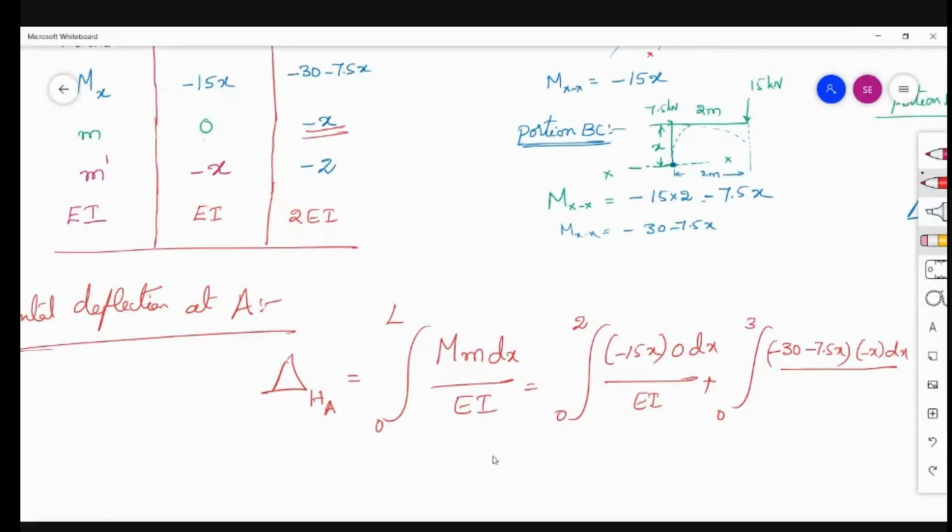by the BC portion. What is the EI value? 2EI. From this, if you simplify, you will get the horizontal deflection. EI value is not mentioned, so represent the deflection in terms of EI only.